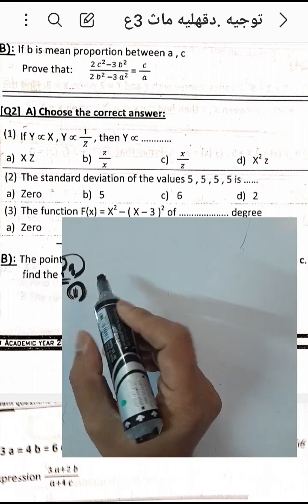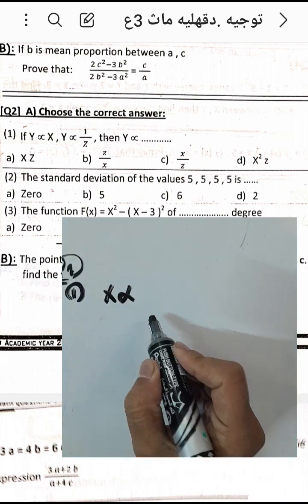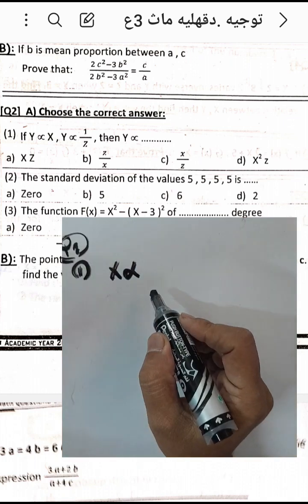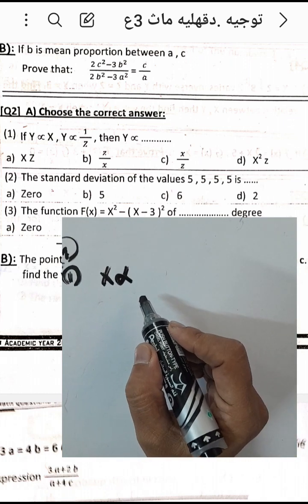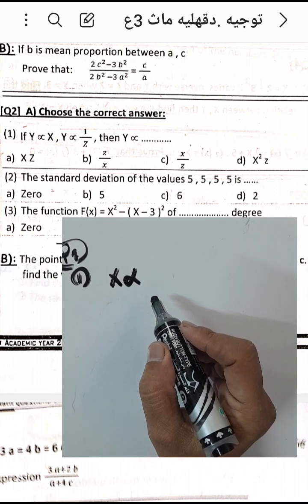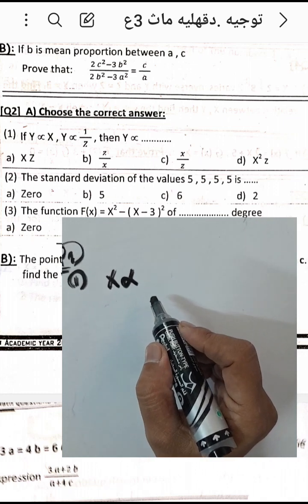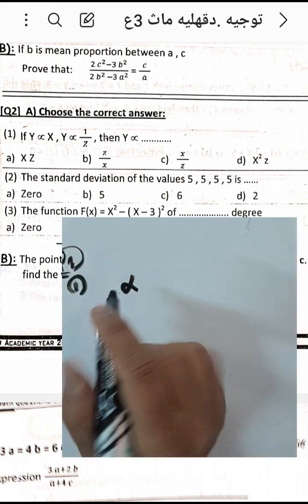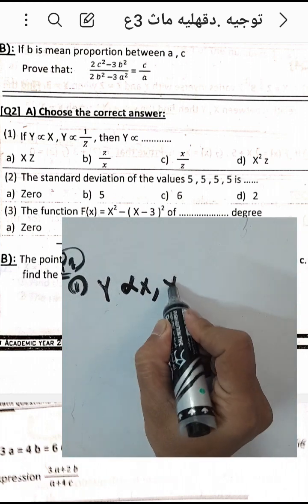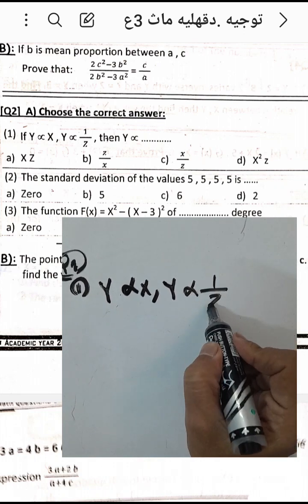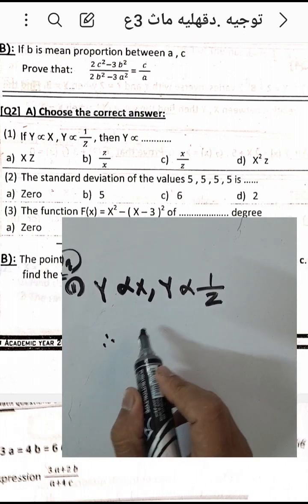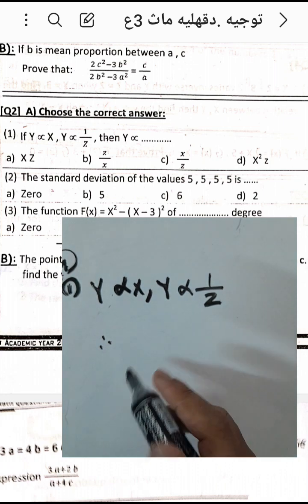Number 1, if x varies directly with y and inversely with z, then we can write the two relations in one relation.